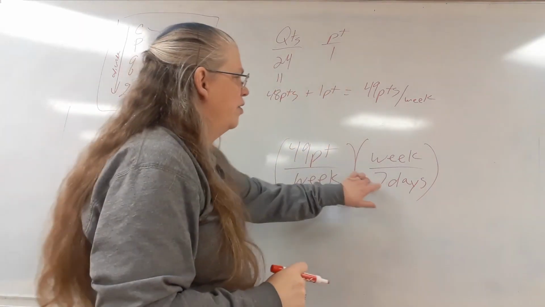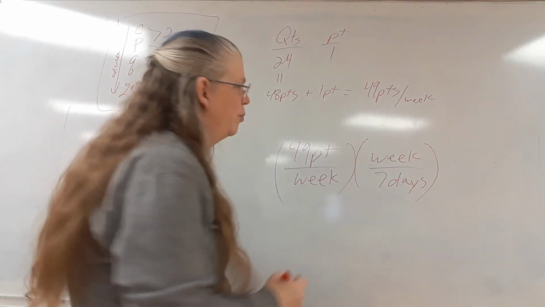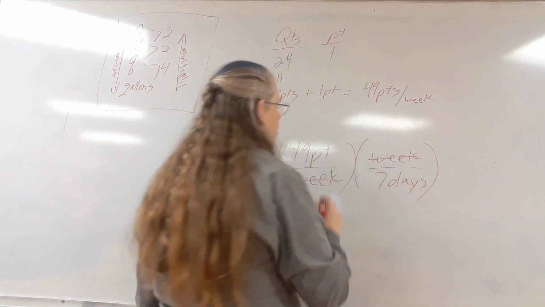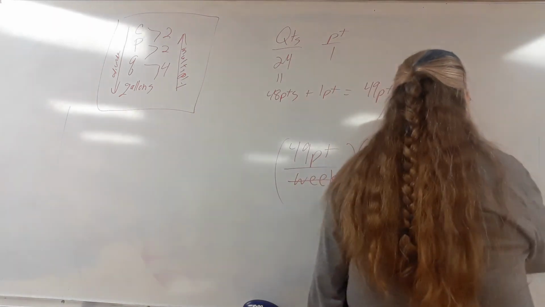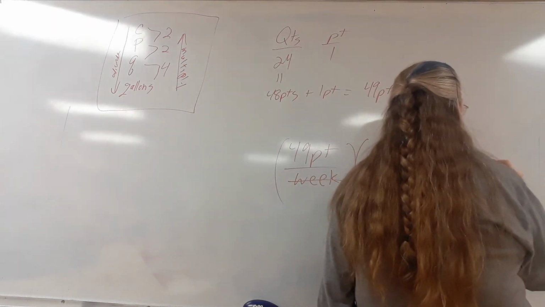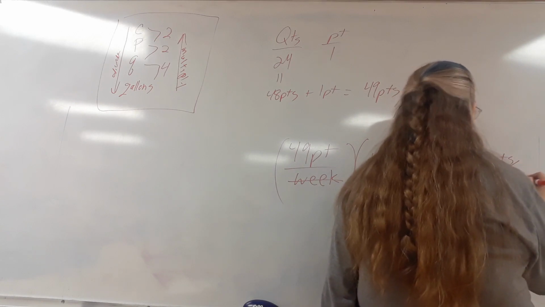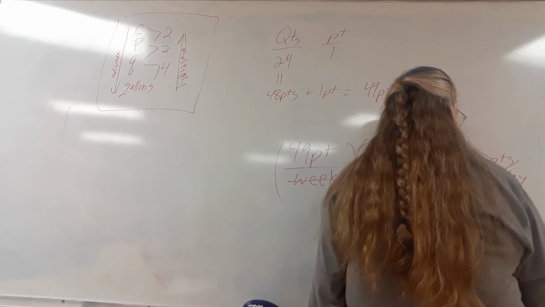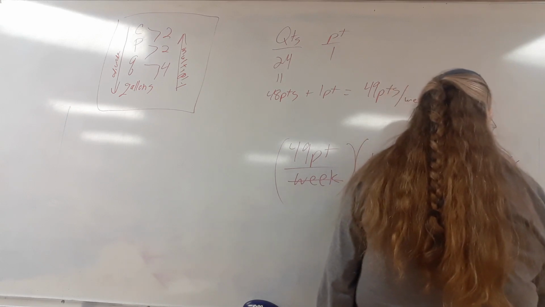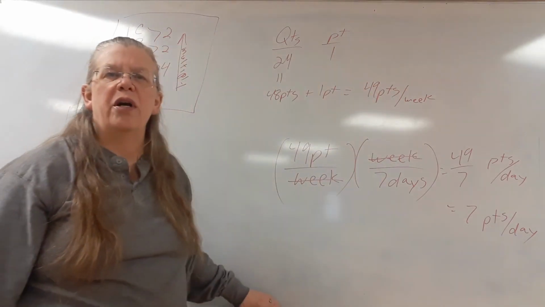Okay, 7 days per week. We want the weeks to cancel, so the week has to be on the top. So we have 49 divided by 7 gives us pints per day. 49 divided by 7 is 7. Seven pints per day.